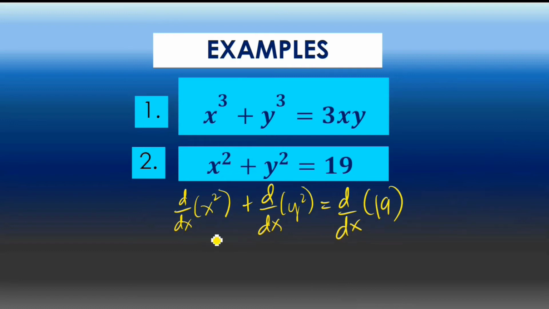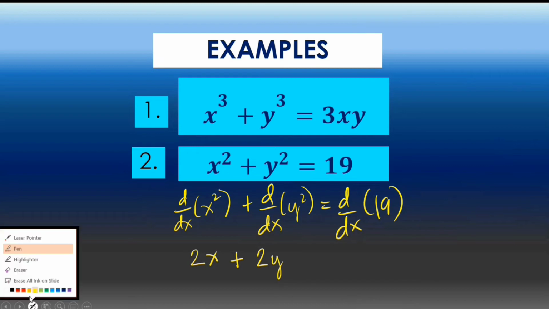So derivative of x squared, that is by power rule. So we do have the power of 2, copy the base x, then power 2 minus 1, so it is only 1, plus y squared, apply the general power rule here. So we do have here the power of 2, copy the base y, then the power 2 minus 1, so it is only 1.